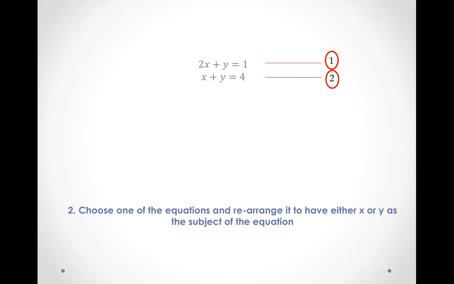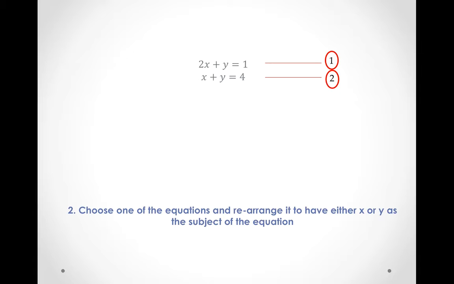So step 2. We now need to choose one of the equations, and we need to rearrange it so that we have either x or y as the subject of the equation.